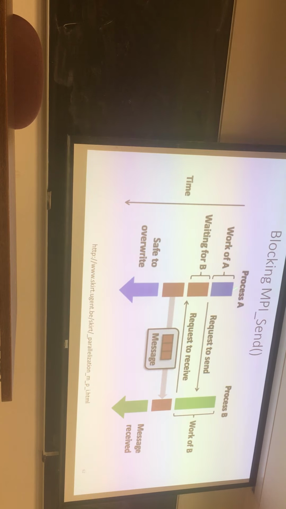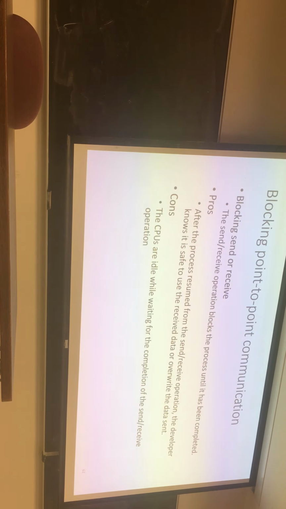After that, process A is safe to overwrite the message that's been sent, and process B is safe to use the data that's been put into the buffer. This is called blocking because process A will not return until this MPI send has finished.